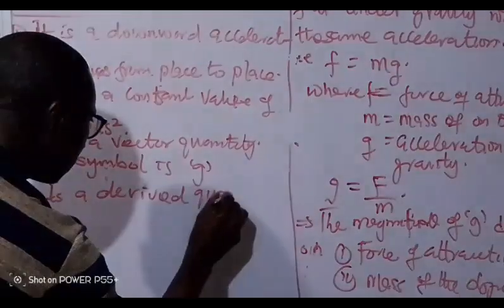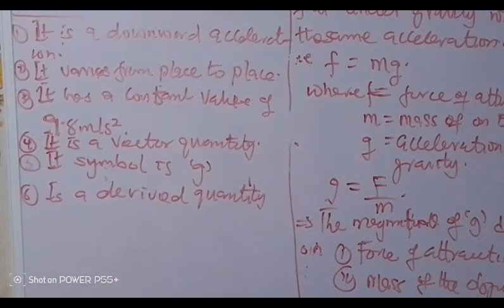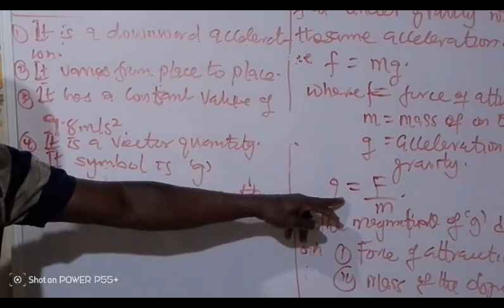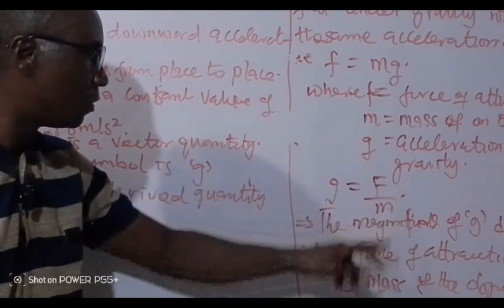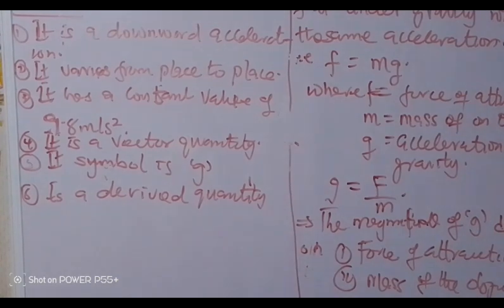From this formula, we can now say that acceleration due to gravity is a derived quantity. The derivation is F over m, that is force over mass. So it's a derived quantity.